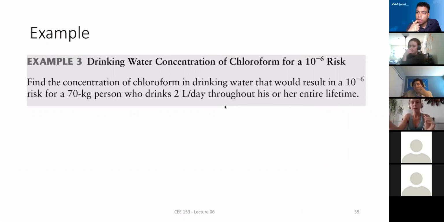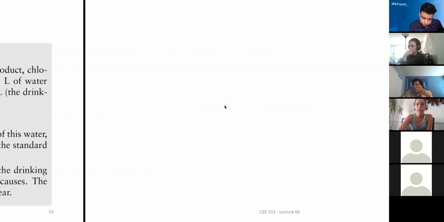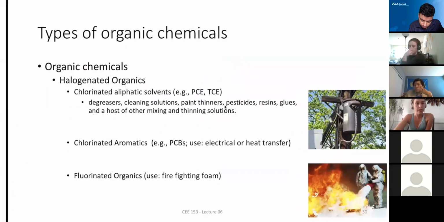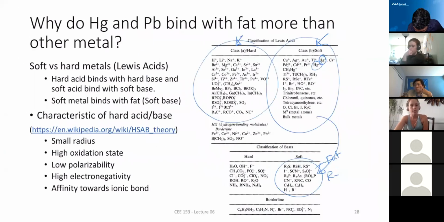I had a question. Yeah. On the chart that shows the hard and soft ones, I saw Pb was in its own little category underneath where it says hard, I think. Oh, I see. Pb2 plus. But I thought you had said that it wasn't soluble and it would stick with our bodies instead. I was just confused. So there are 2 factors here. One is solubility. Solubility determines whether they are going to bind with our body mass or not.